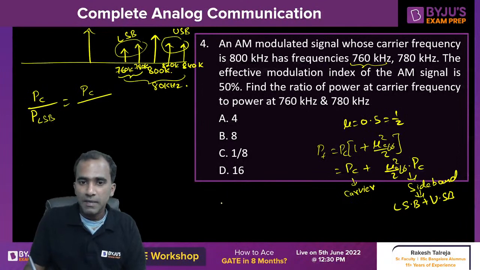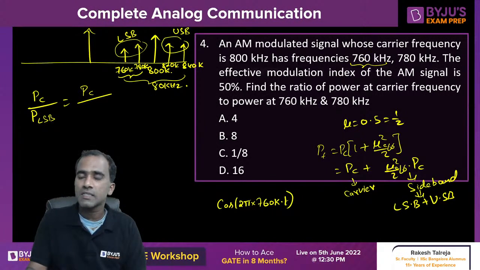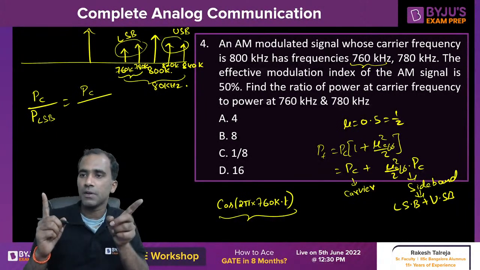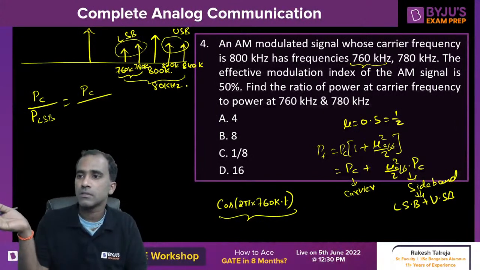Only this signal, let me write it, cos of 2 pi 760 kilohertz into t. If you plot the Fourier transform of this one, it will have an impulse at 760 kilohertz and minus 760 kilohertz. Anything other than sinusoidal will not have a single positive and single negative frequency, but many other frequencies.